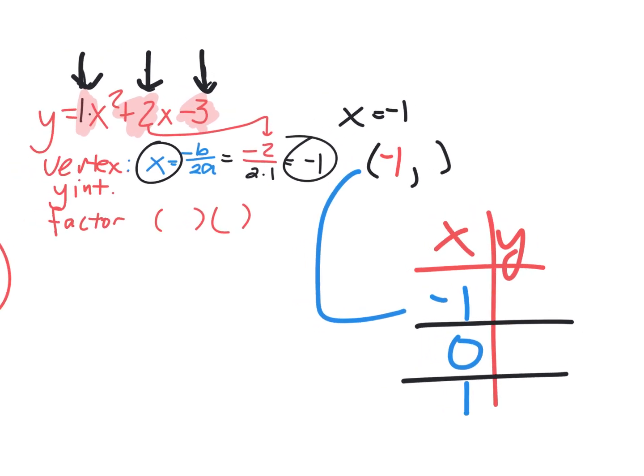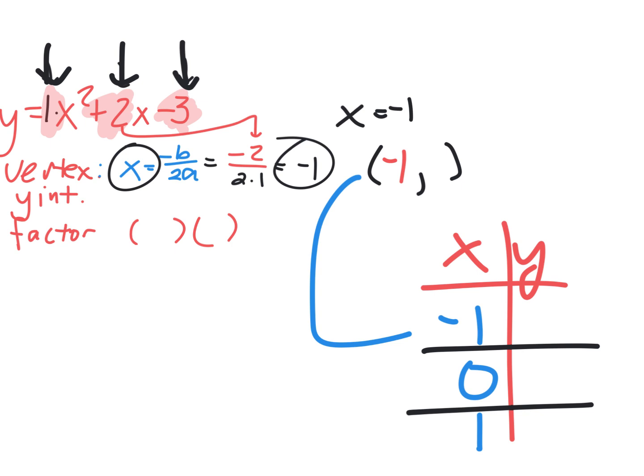Okay, so we figured out the -1 here. We figured that out from this little formula, negative b over 2a. Otherwise, we could have just picked random points and then figured out which was lowest. All right, now we're going to take that -1 and stick it into the equation, which is back here.